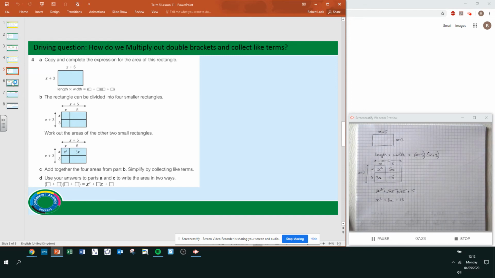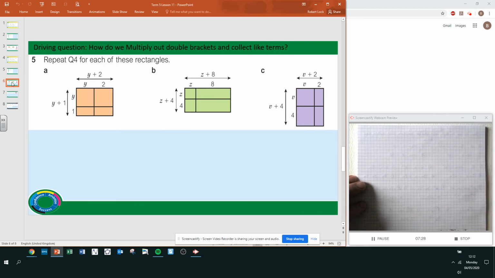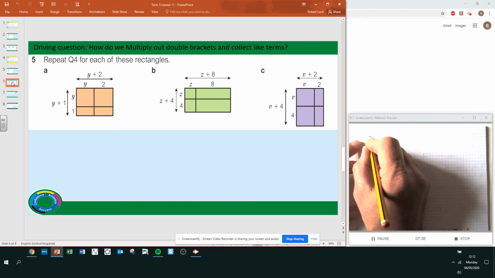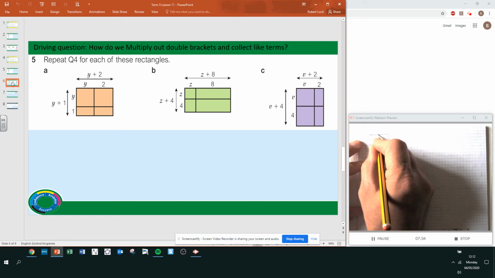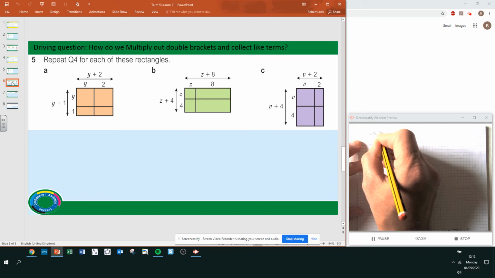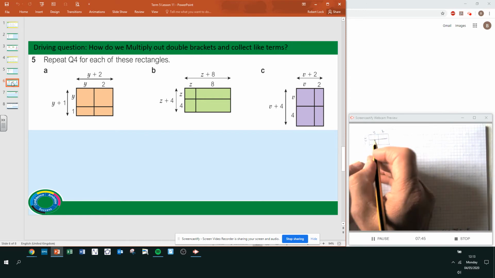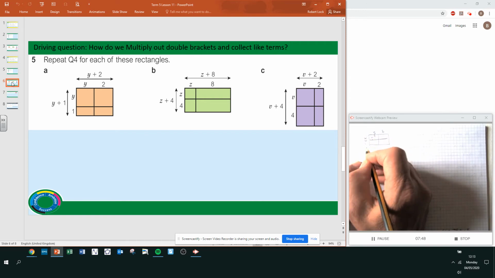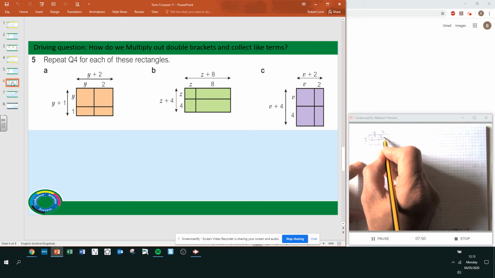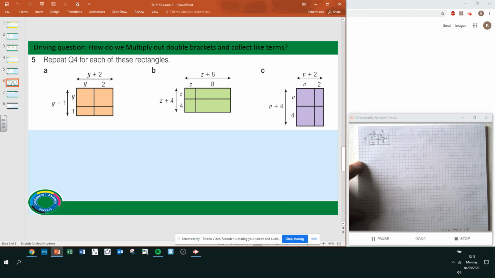Question 5. We have y plus 2 and y plus 1. Y times y is y squared. Y times 1 is y, and 2 times y is 2y. And 1 times 2 is 2.